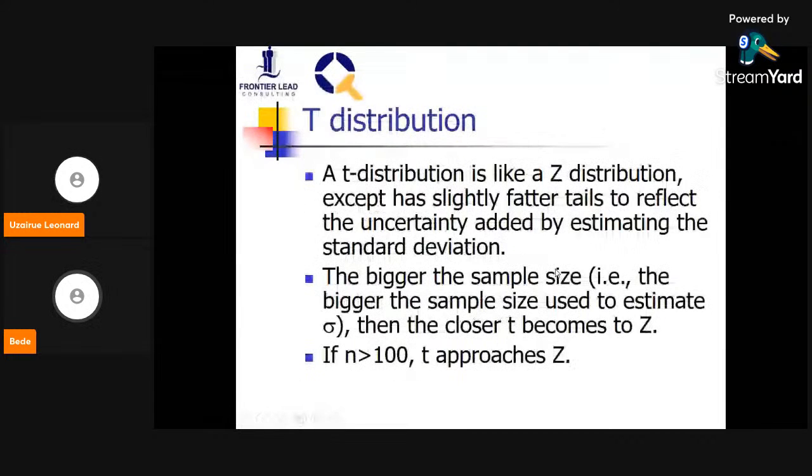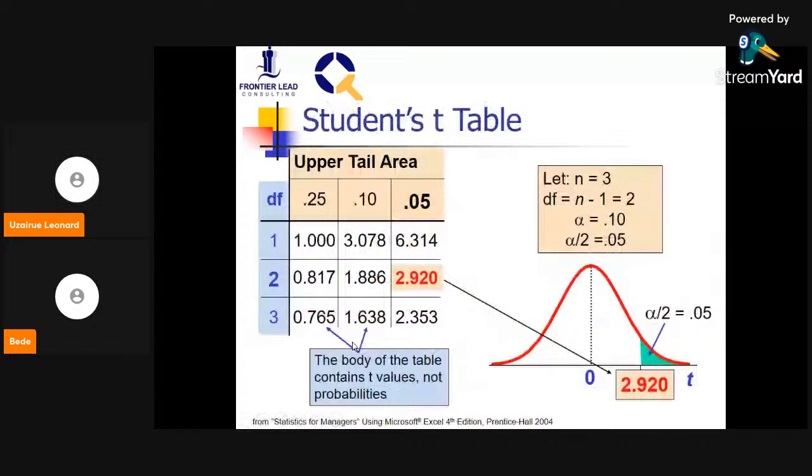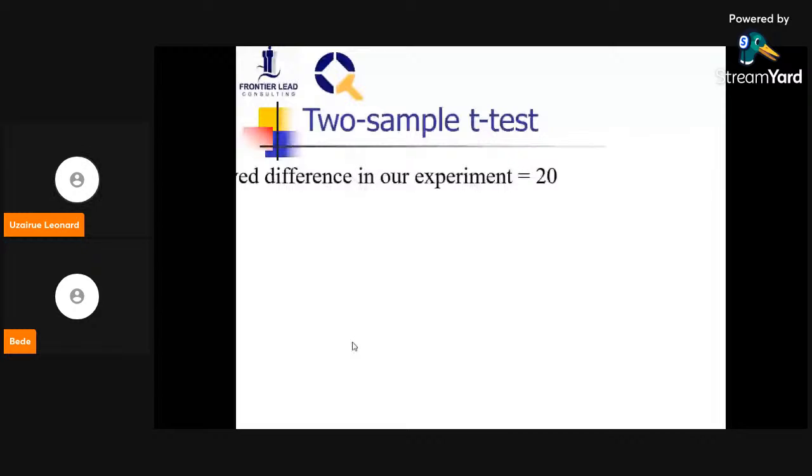So the t distribution is like, that's not really, so now this is actually when we are talking about distribution. By the time we are looking at normal distribution, I will explain all this better. Let's just leave that out.